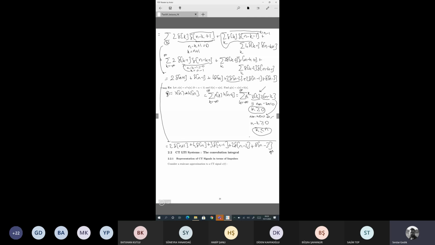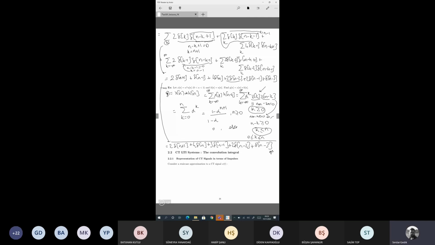Of course, taking the intersection, for this term to be non-zero, k must be in the interval 0 to n. So I will correct the summation limits to 0 to n, alpha to the power k. And I know that this is equal to 1 minus alpha to the power n plus 1 over 1 minus alpha for n larger than or equal to 0, and it is 0 else.